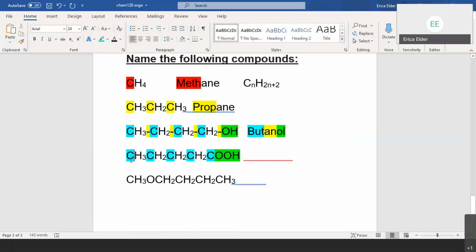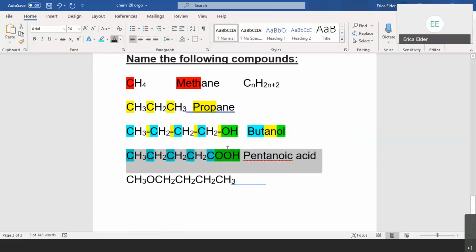So according to our chart, 5 would be pent, okay? Nothing but single bonds gives us anes or alkanes. So we can go ahead and know that we would be dealing with a pentane, but we must omit the E and add the appropriate suffix. So let's go ahead and do that now.